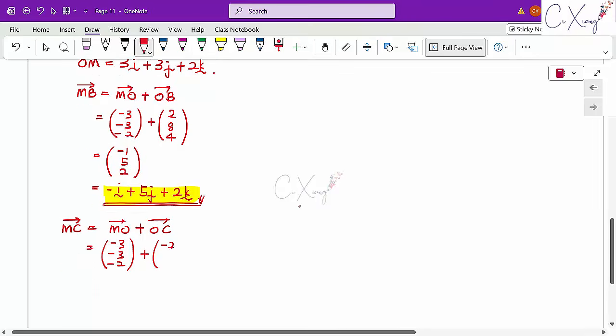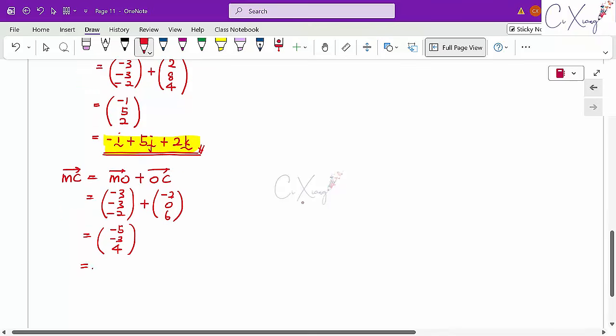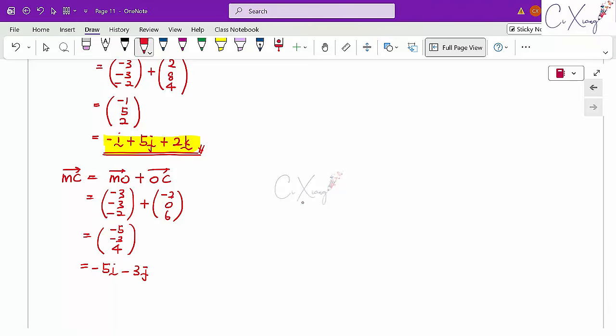If you simplify them, you'll have -5, -3, and also 4. Writing in ijk form, I'll have -5i minus 3j plus 4k. And this is my MC here.